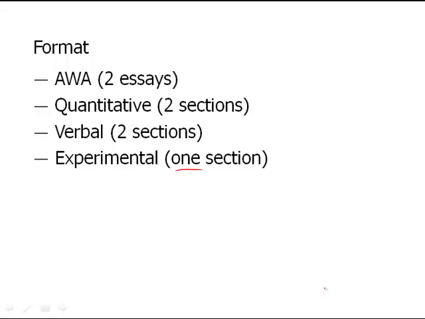Just one section. Now, what is the experimental section? I think that's the question that a lot of people have. It's a strange section because it's not actually graded. Secondly, there is no way for you to determine whether a section you're getting is an experimental section. Next, you don't know if that experimental section is going to be quantitative or verbal.